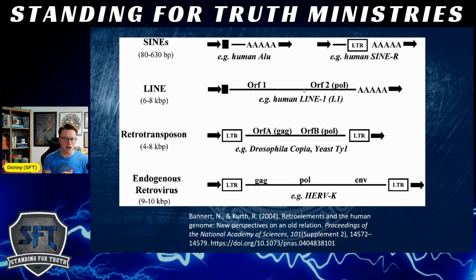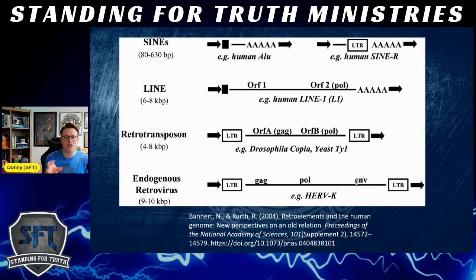We have two LTRs, your long terminal repeats, right down here, a gag, a pol, and then an envelope, your env. Again, evolutionists argue this ERV is the result of an ancient infection, and the infection was through the integration, as the ERV has integrase as an enzyme.